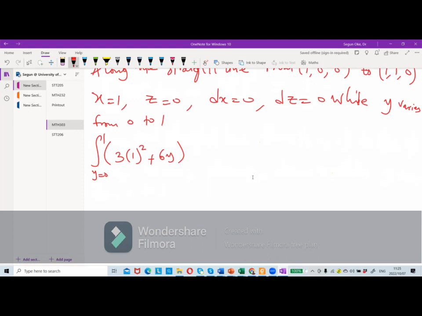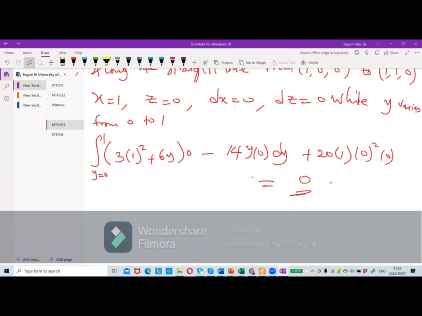The x is equal to 0, put the 0 here, minus 40y, z is equal to 0, dy, plus 20 of 1 and 0 squared. The z is also 0. So at the end of the day, everything here is 0.